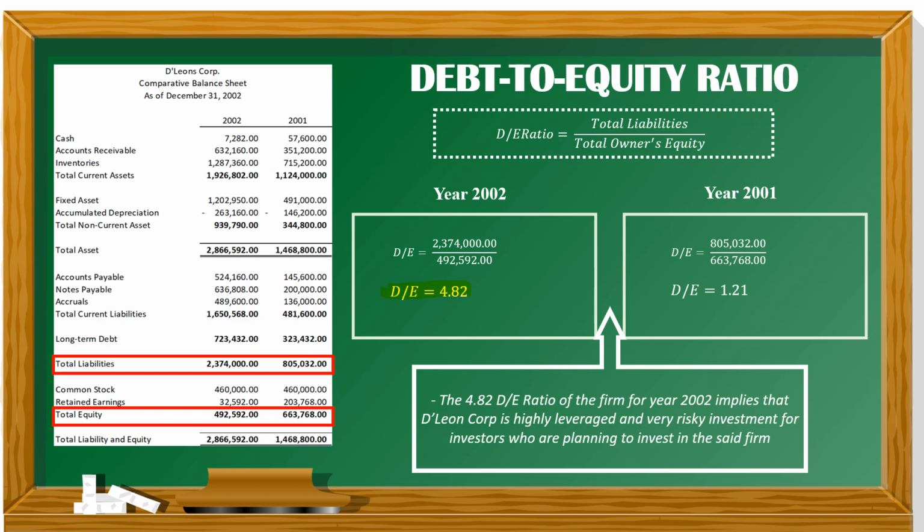So basically, the higher the debt to equity ratio, the riskier the investment is. And the lower the debt to equity ratio, the lesser the risk that entails with the investment.